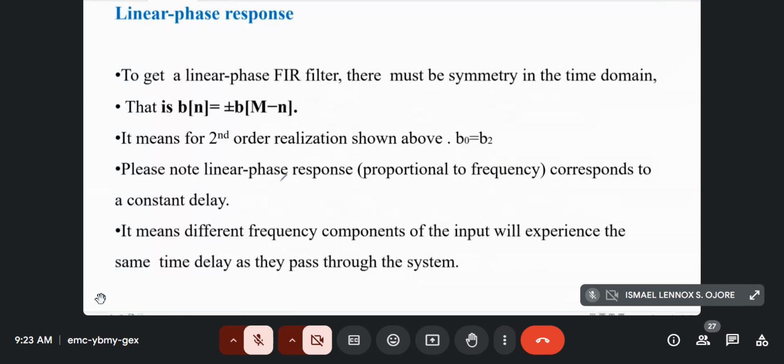Linear phase response is very important, because the moment you don't have linear phase response, the frequencies are not affected equally. Then you end up having distortion in the passband.